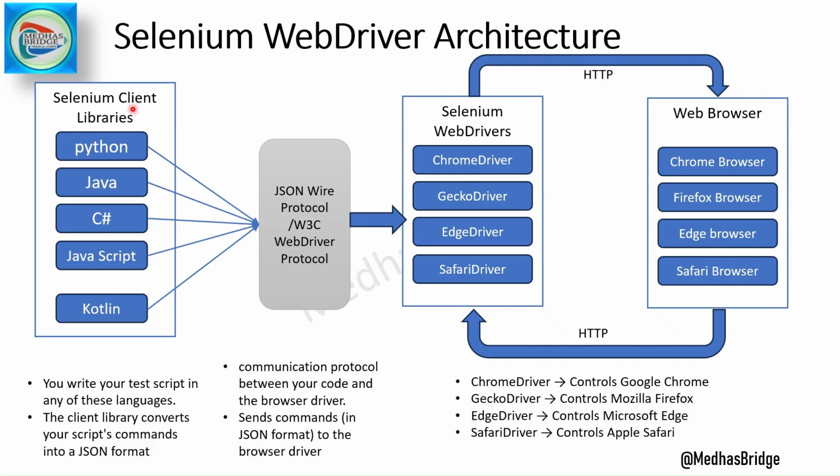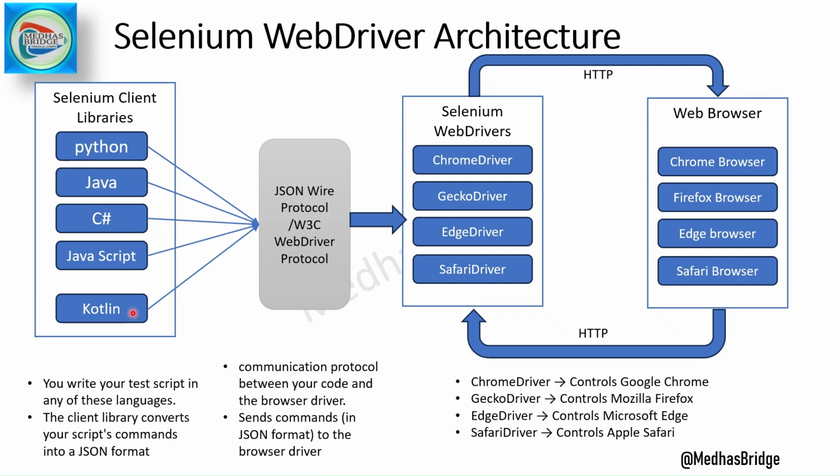The Selenium client library is where you develop your scripts using programming languages like Python, Java, C Sharp, JavaScript, Kotlin. You write your test scripts in these languages, and then the client library converts your script commands into JSON format. That is what the client library does.